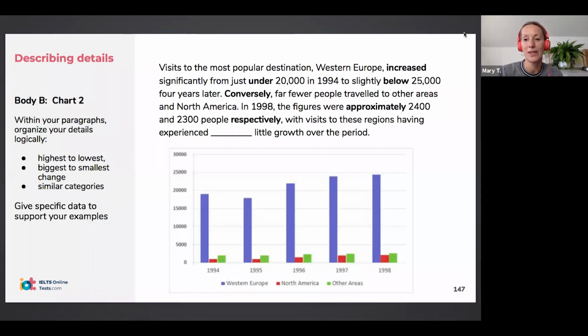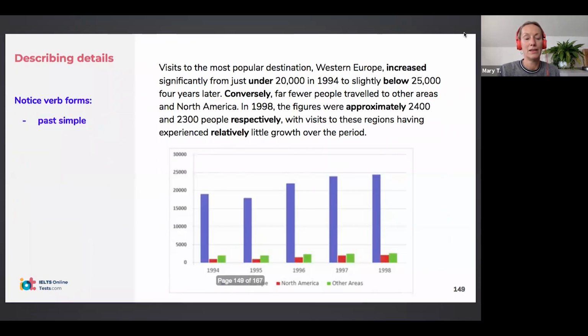With visits to these regions having experienced something, little growth, relatively little growth. Okay, so as you can see, we've got quite a few adverbs in here. So notice the verb form: past simple again, increased, traveled, and were. The perfect participle, can anyone spot that?